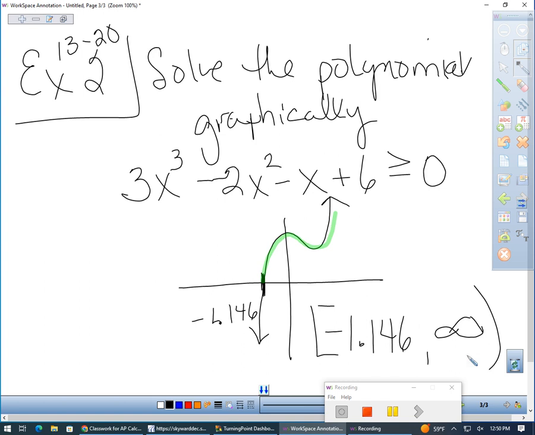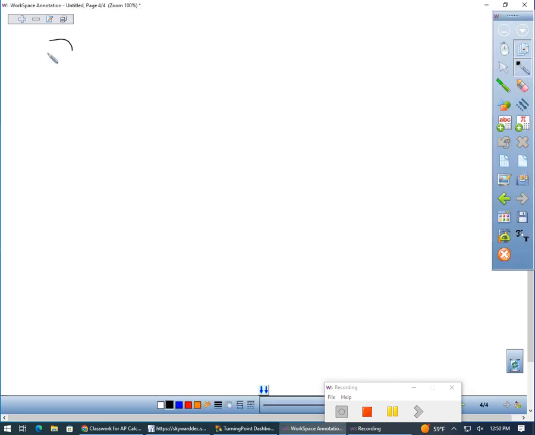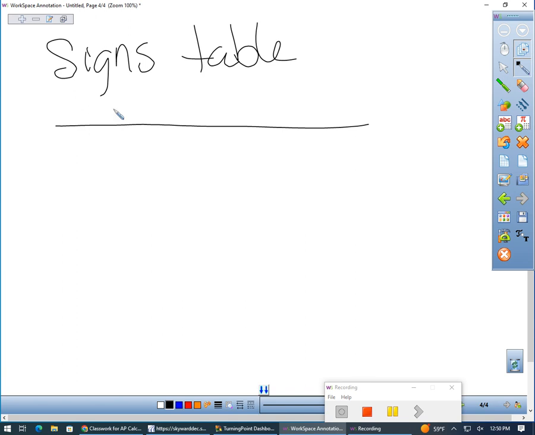All right, the next thing I want to talk about is what they call a signs table. A signs table is something new, and it's another way, if you don't have a graphing calculator, to determine if something is positive or negative. In a signs table, you make a line and mark your zeros, wherever those zeros are.